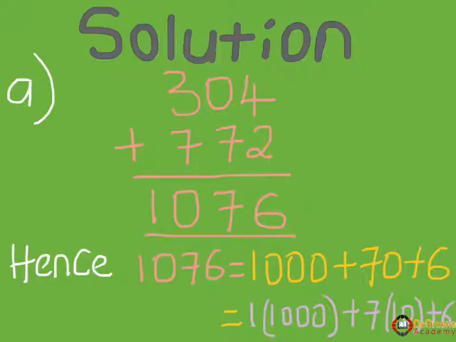It means we are going to have to represent it. 1000 represents a lotus flower. 10 represents a hind bone in the Egyptian numeral, and a unit represents a staff. So we are going to have 1 lotus flower plus 7 hind bones and 6 staffs. That would be the Egyptian representation of 1076.